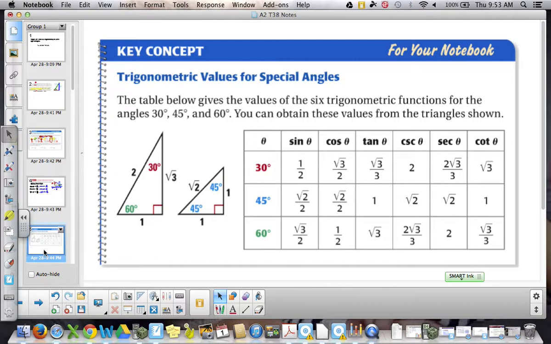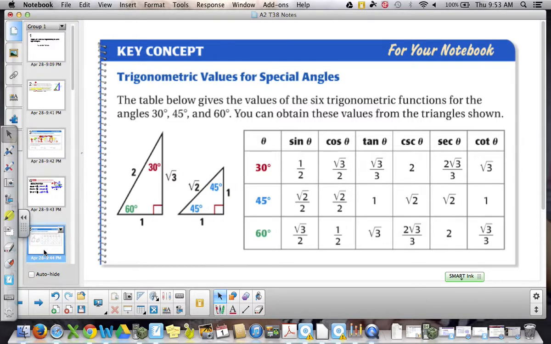So these are half of regular shapes, and regular shapes are used a lot in different applications, whether it be construction or architecture or design, of things that need to have that symmetry that a regular shape would have, like an equilateral triangle or a square.